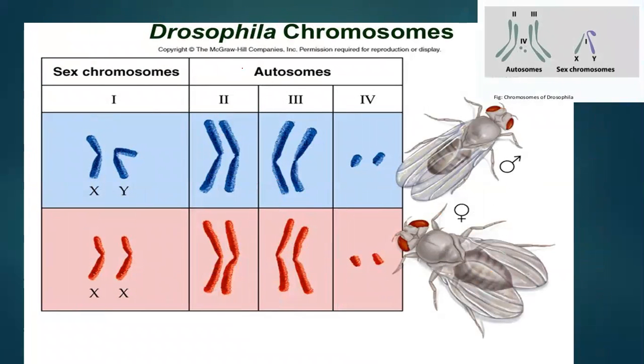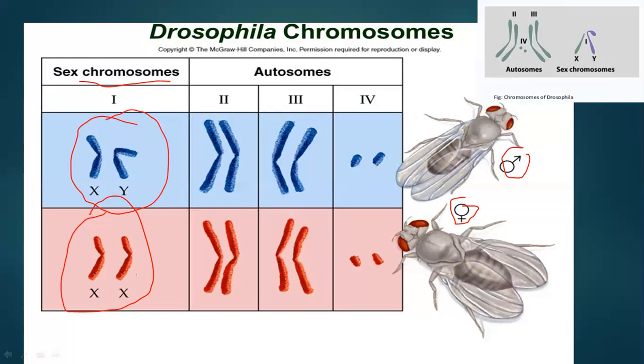If you see the Drosophila chromosomes, there is one pair of sex chromosomes. For female that is XX, this is the sign, and for male that is XY. In XX, both are X, so they have the same structure and same genes, but we see X and Y differ. The Y is J-shaped like this, and the other three pairs are autosomes.